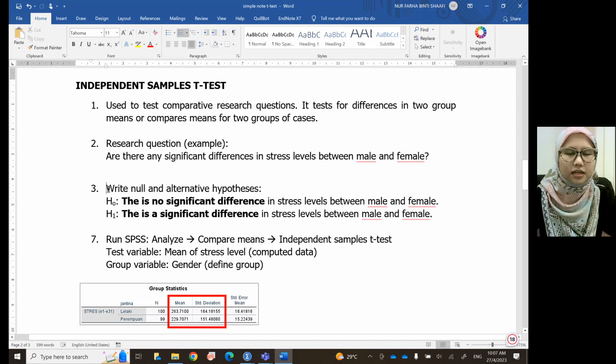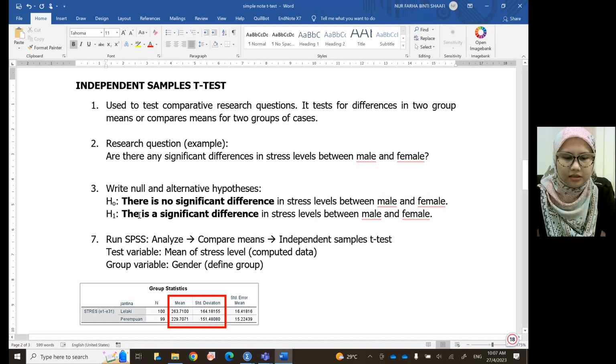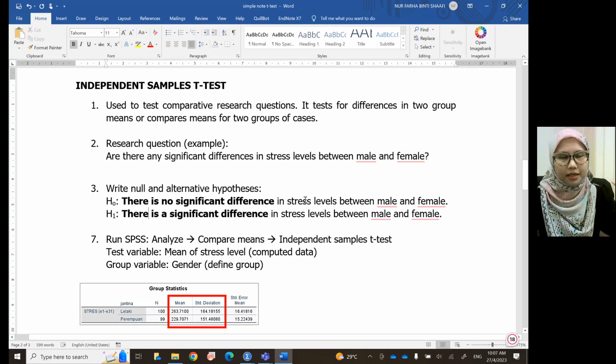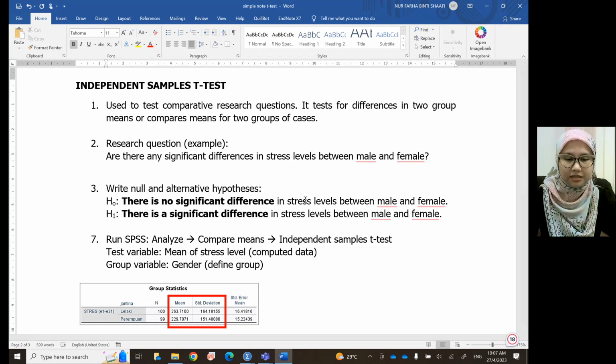So first things first, as usual, you need to write your hypotheses, which are the null and alternative hypotheses. Your null hypothesis: there is no significant difference in stress level between male and female. You are stating that male and female stress levels are the same. There is no significant difference.